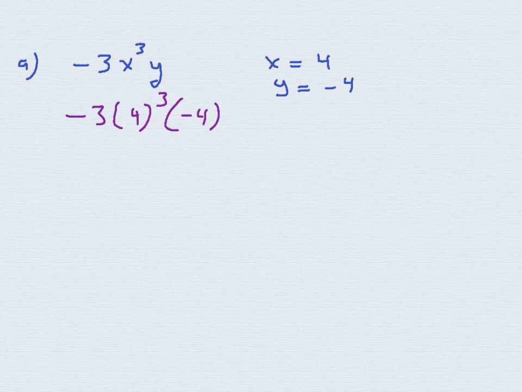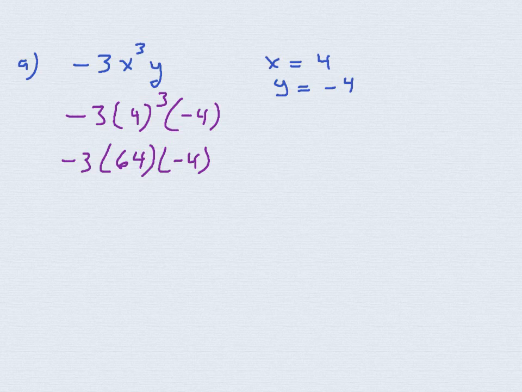So now we have to go step by step. Order of operations says you must do the exponents first. So you're probably going to use your calculator. I am not. 4 cubed is 4 times 4 times 4, which is 64. And then I'm going to rewrite all the rest of the parts, and then we'll solve. So I'm going to multiply the numbers that are smaller.